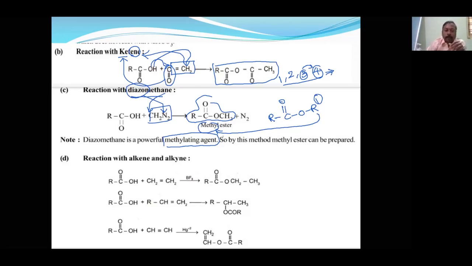So anybody in requirement of methylene, meaning the CH2 group, wherever methylene is required, immediately you will treat it with diazomethane, because nitrogen doesn't want to stay with the methylene, because nitrogen feels freedom when it is in gaseous state. So whoever is asking, it will immediately give it to them. That's why it is called a methylating agent. Is it clear to all of you?